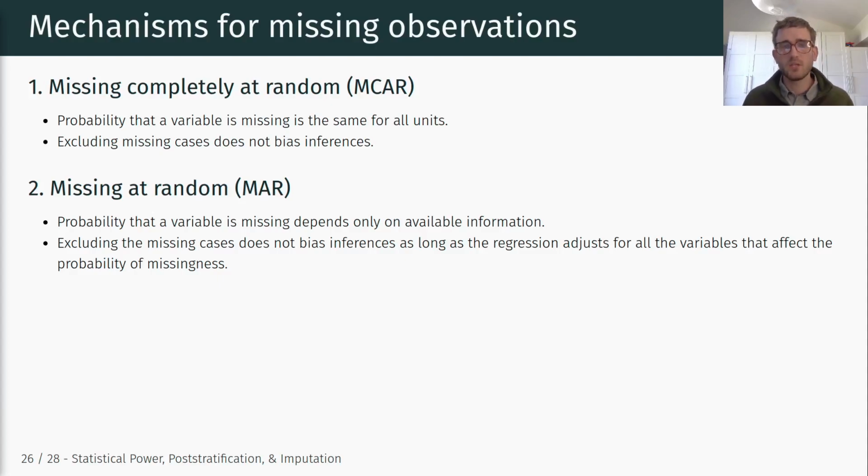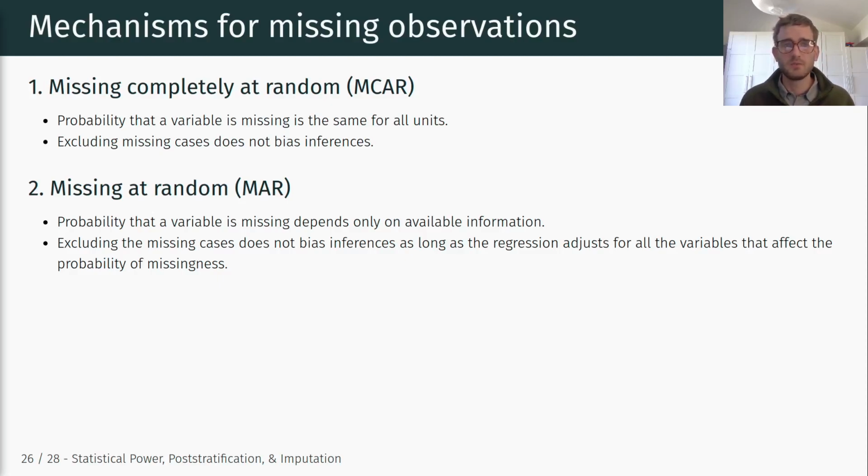In other words, the missingness is not completely random. It is related to some kind of characteristic, for example age, education, or something like that. But the key is that we measure this characteristic. So by measuring that characteristic, we can control for it and therefore correct for it in order to still get unbiased estimates of whatever coefficient or effects we're trying to estimate.